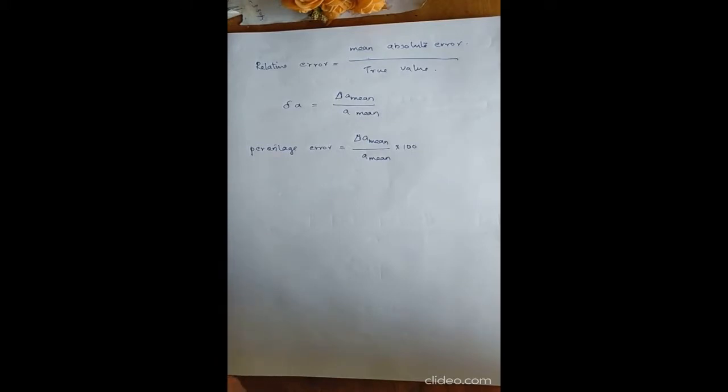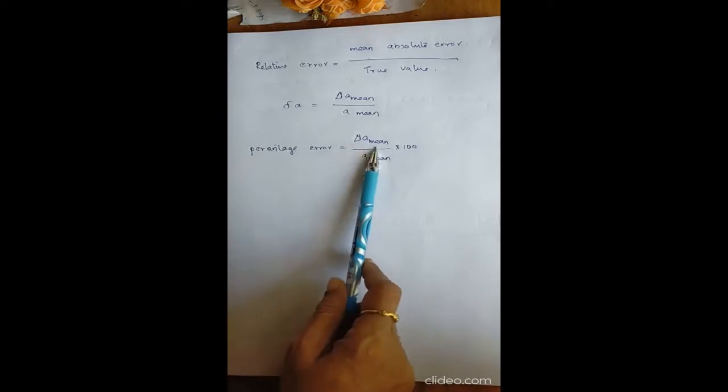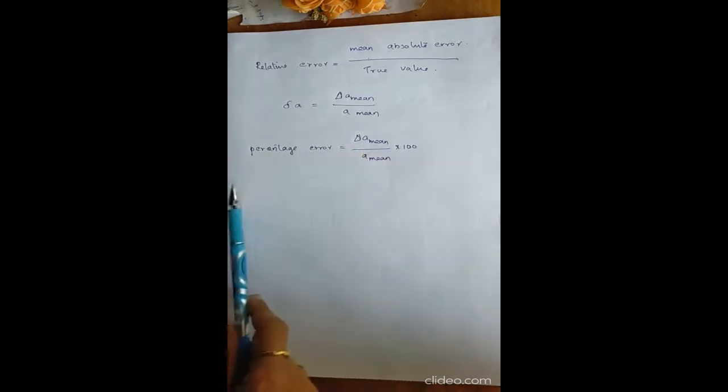And this relative error can also be expressed in percentage, then we call it percentage error. That is percentage error equal to delta A mean divided by A mean into 100. Here the true value means the best value. Okay.